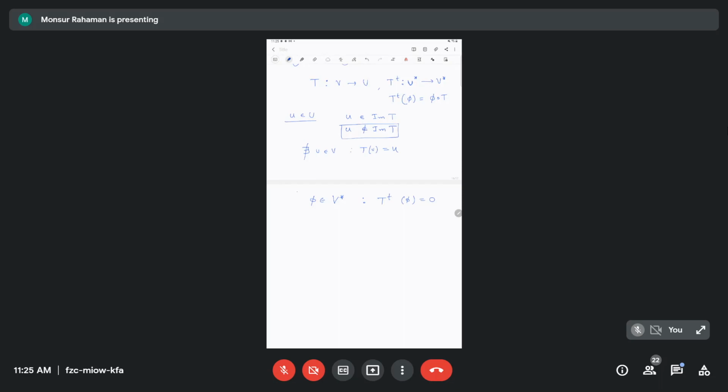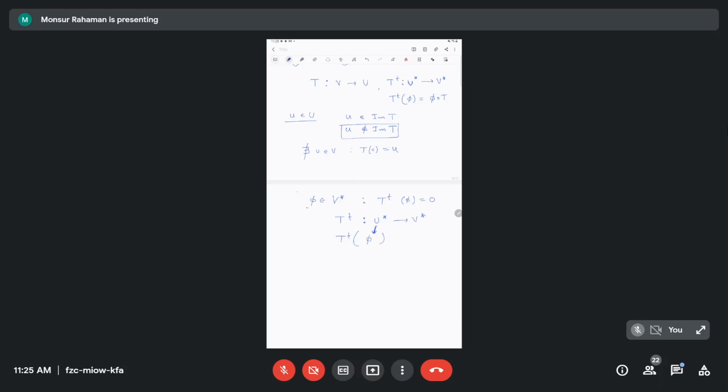But there is a problem, because T transpose is a function from U star to V star. So it will take an element of U star, not V star. T transpose will take the U star element, not V star.